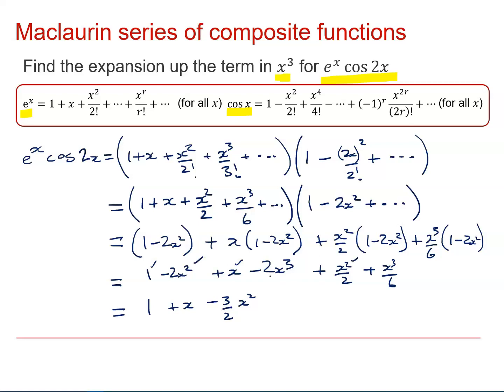And finally I've got a minus 2x cubed plus 1/6 of x cubed, so that's going to be minus 11 over 6 x cubed. And so that's my e to the x cos 2x up to x cubed.